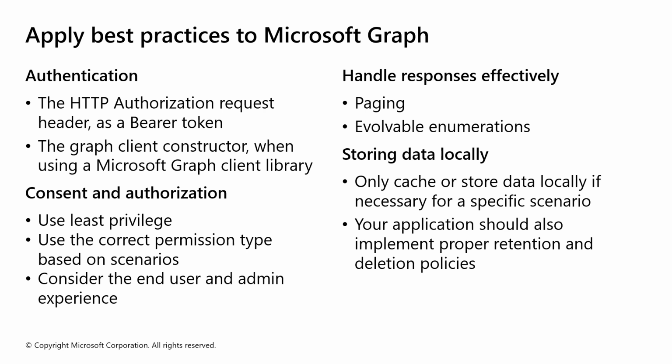But if your application operates without a signed-in user, such as a daemon or a background service, your application should use application permissions. Think about who will be giving consent to your application, whether they are end users or administrators, and set up your application to ask for permissions in the right way.